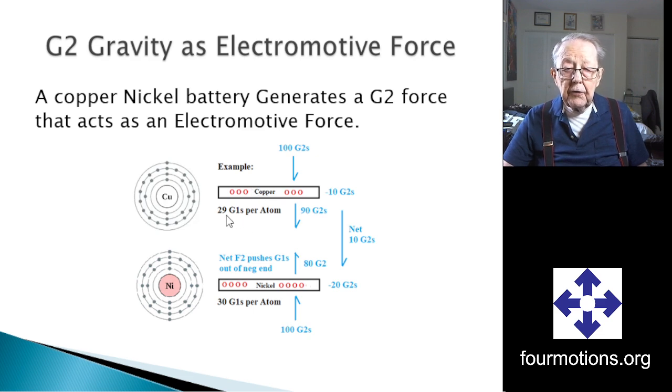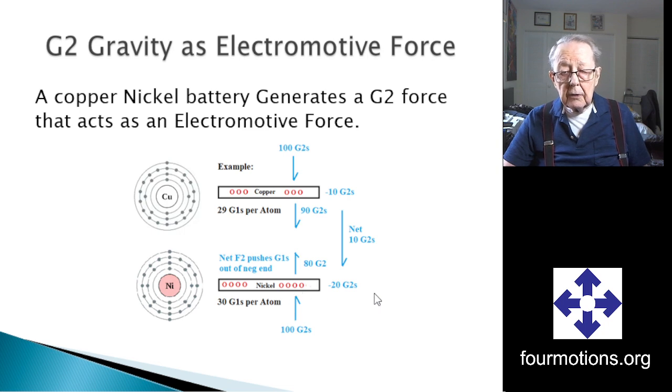There are fewer G1s in copper versus nickel. Nickel has one more per atom. So you're going to lose a certain number of G2s going through the copper, and I'm suggesting arbitrarily that you lose 10 G2s.